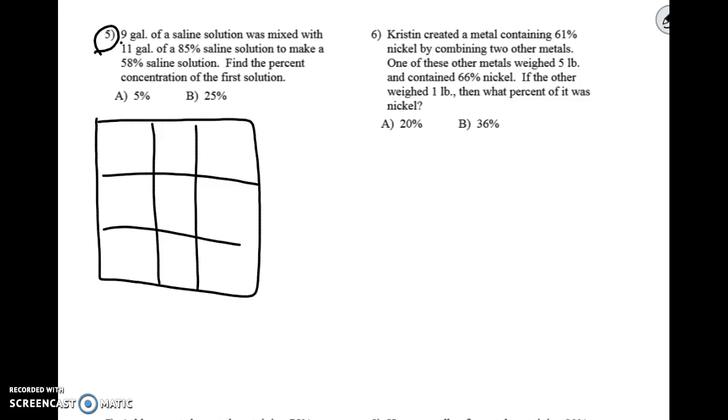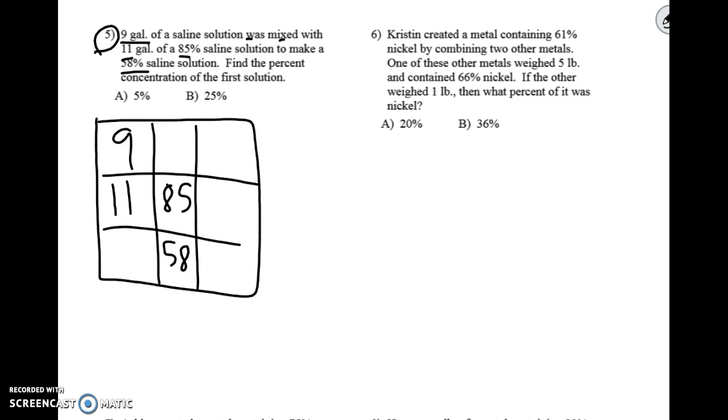Well, I don't know what the percent is. It was mixed with 11 gallons of 85. Okay, 11, 85, to make 58% saline solution. So that 58 is going to go right here.